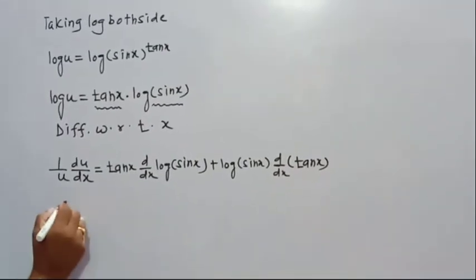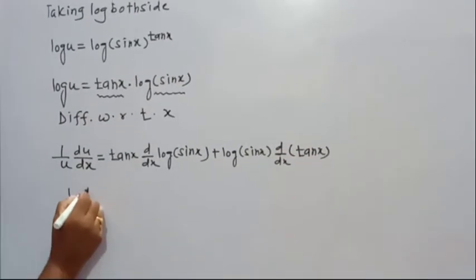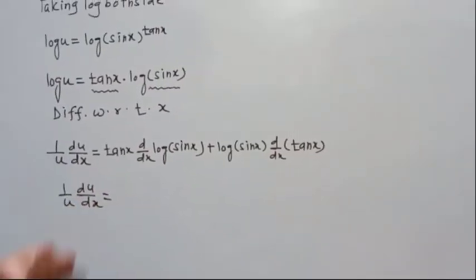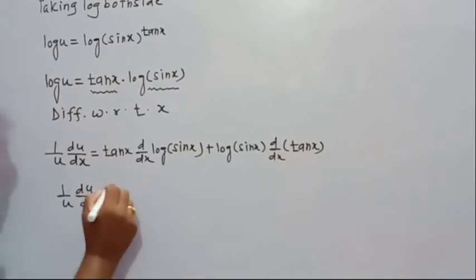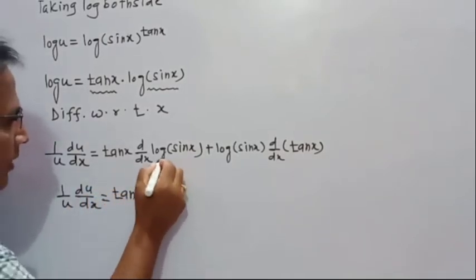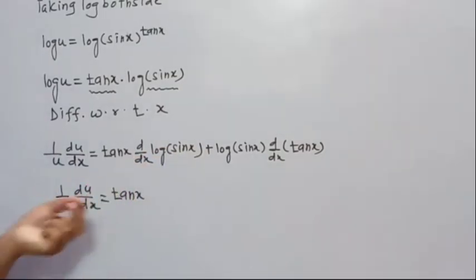Therefore, 1 by u into du by dx is equal to tan x as it is into derivative of log sin x.